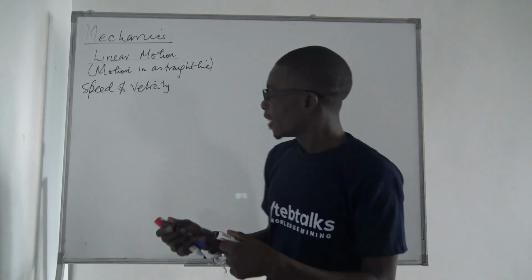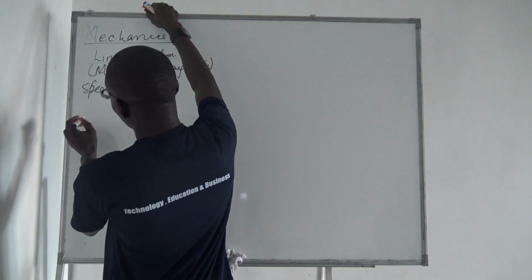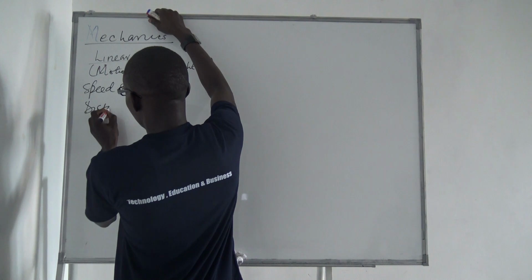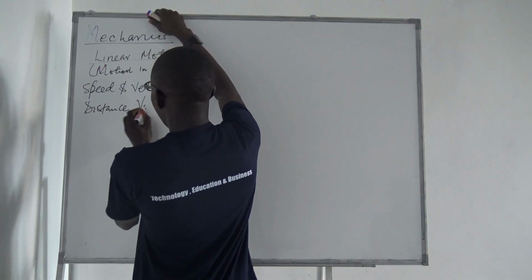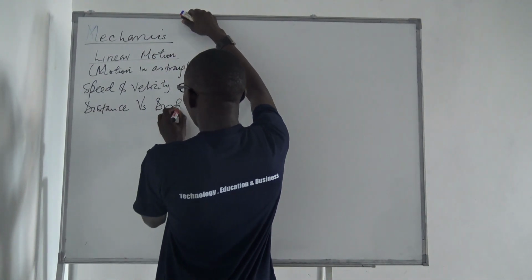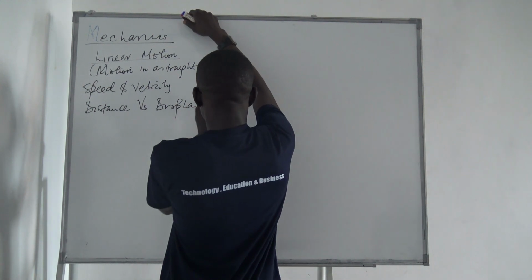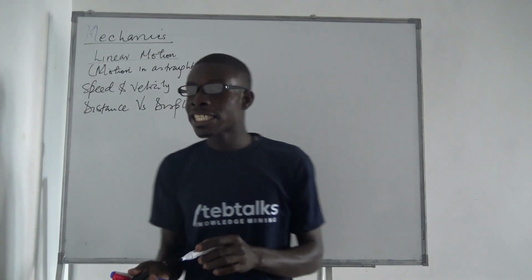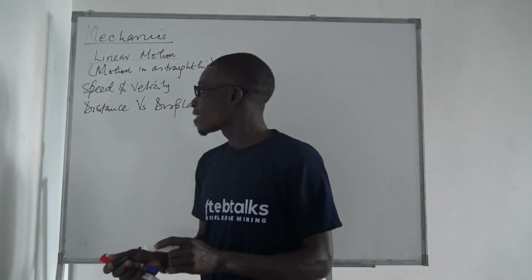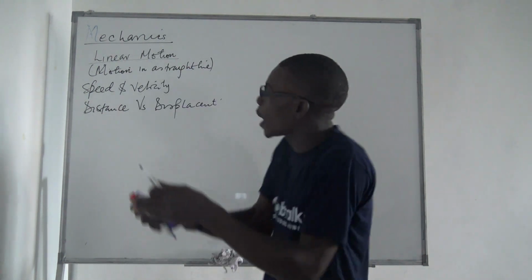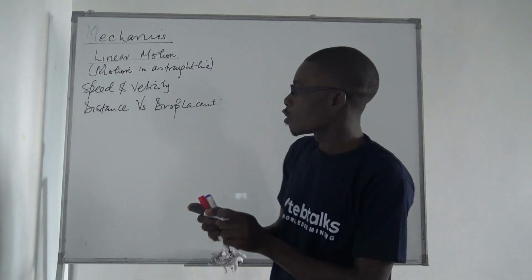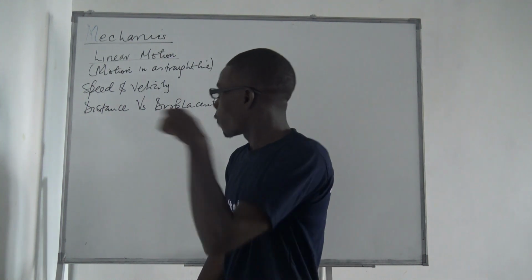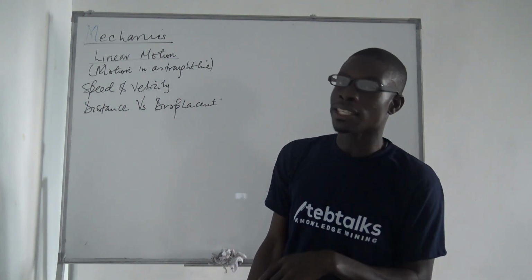So we looked at that one, and then we also looked at distance versus what we are calling displacement. We analyzed all those ideas, the difference and how we can best use them. If they ask you, find the displacement, find the distance, what are they exactly meaning?